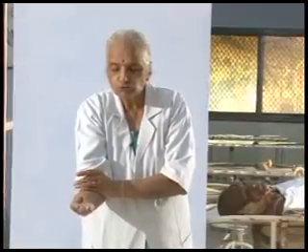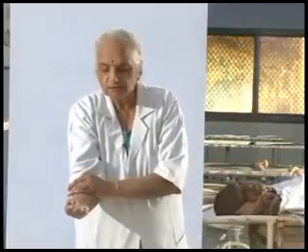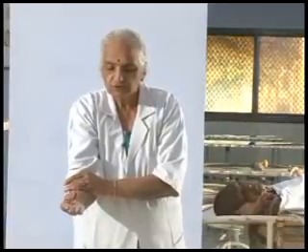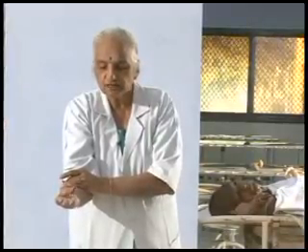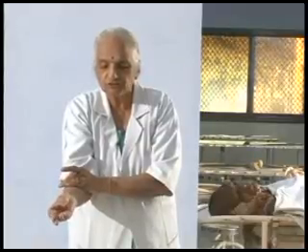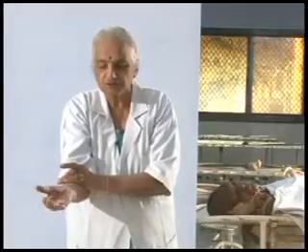This is the movement of adduction, done by adductor pollicis. When we take it across, this is flexion accompanied by medial rotation, and this one is opposition when we are counting, touching the tip of the little finger and the tips of the other fingers.